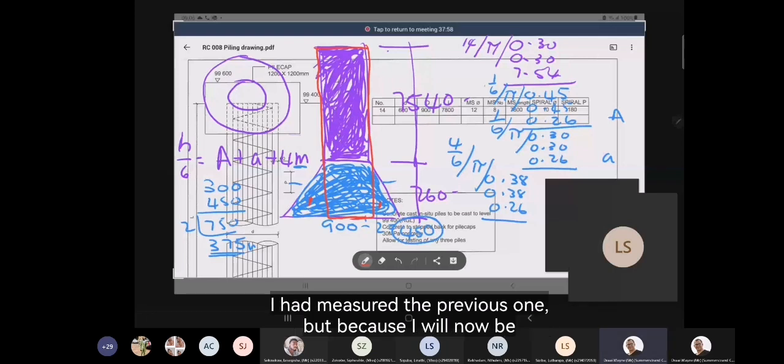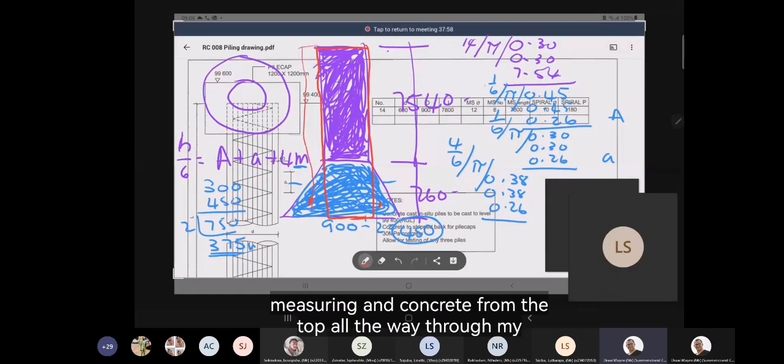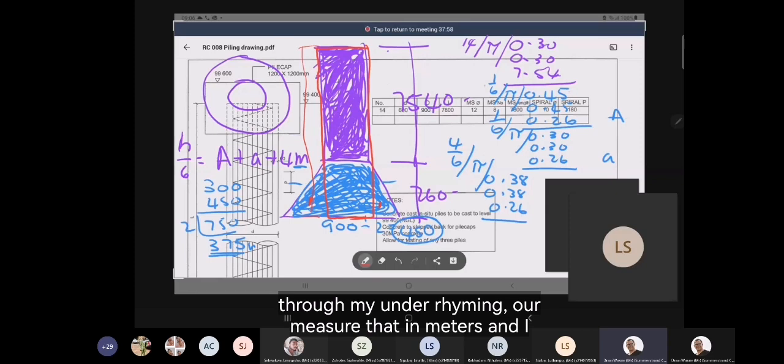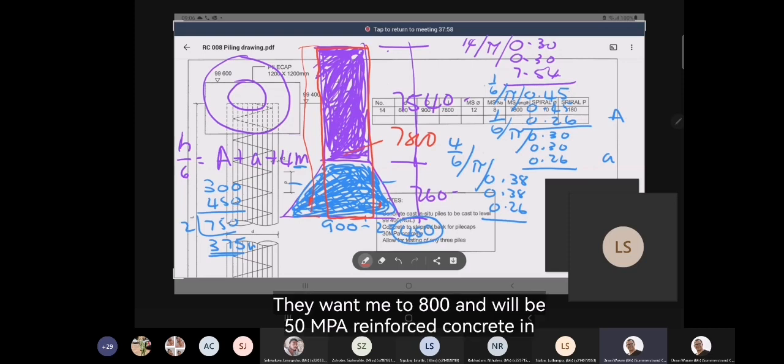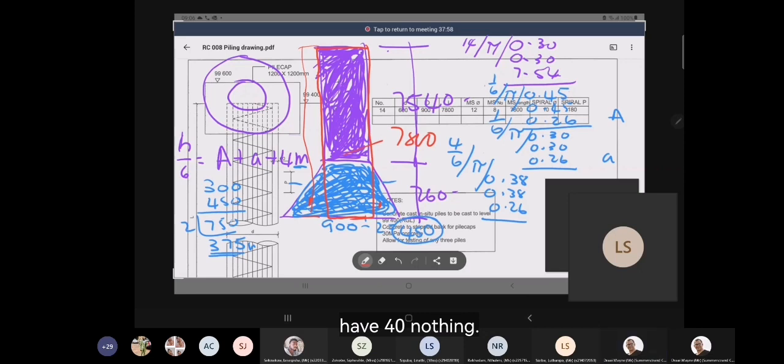But because I will now be measuring the concrete from the top all the way through my under-reaming, I will measure that in meters, and I know that that is 7 meters 800, and it'll be 30 MPa reinforced concrete in 600 millimeter diameter piles, and it is measured 7.8 meters, and I have 14 of them.